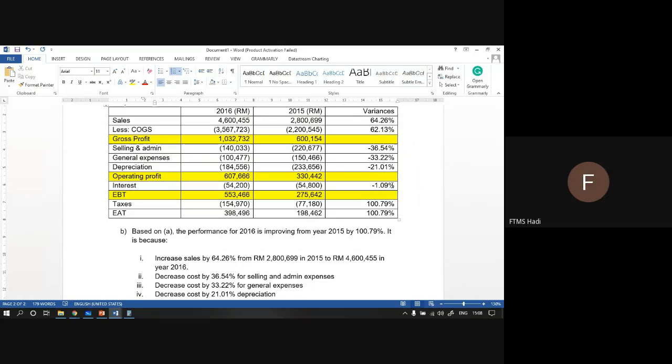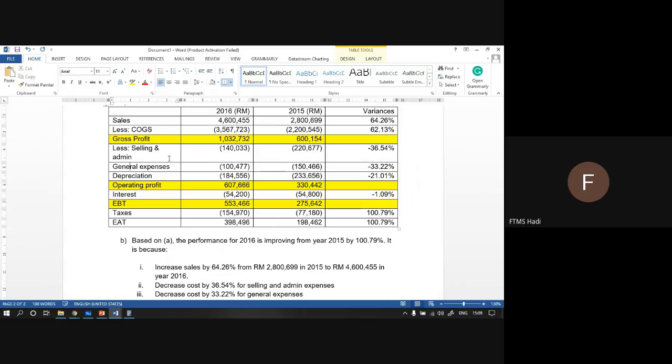Sir, another question. For the less cost of goods sold, admin expense, general expense, why do you put brackets for both here? Bracket means less. In Malay, you kena tolak, in the income statement format.